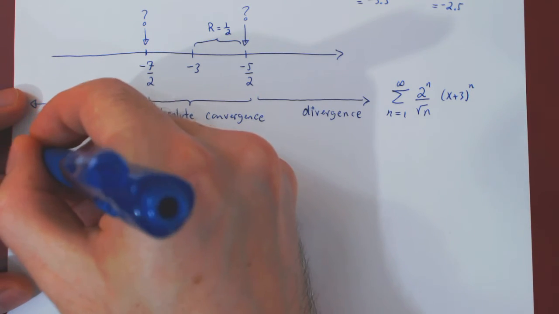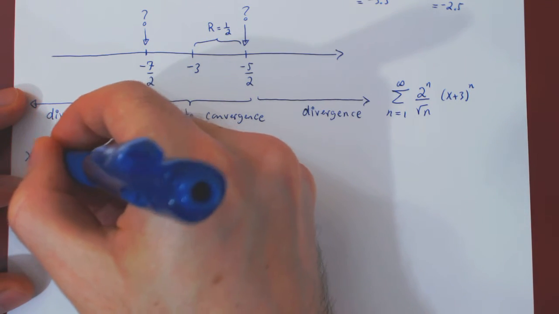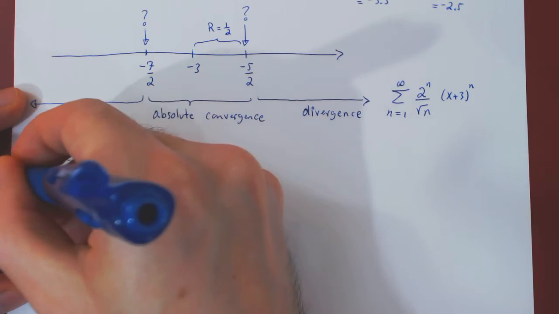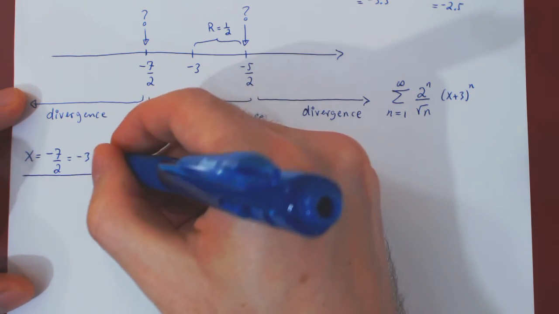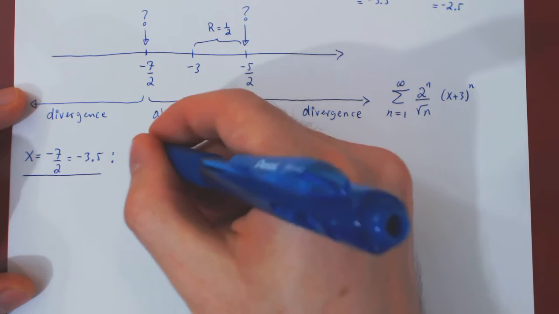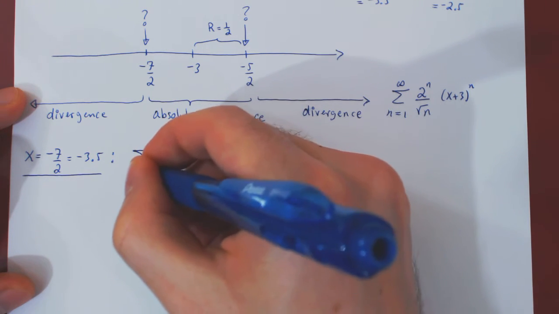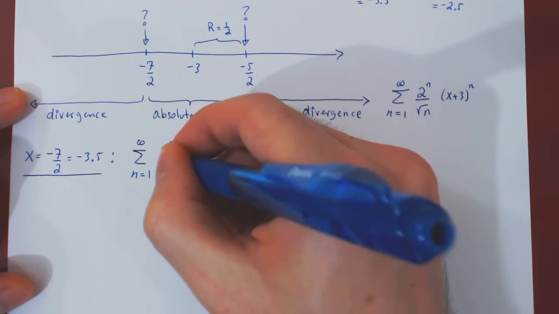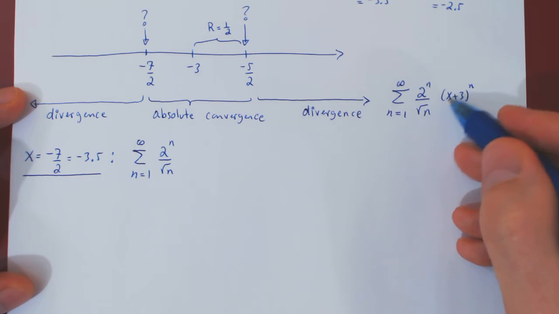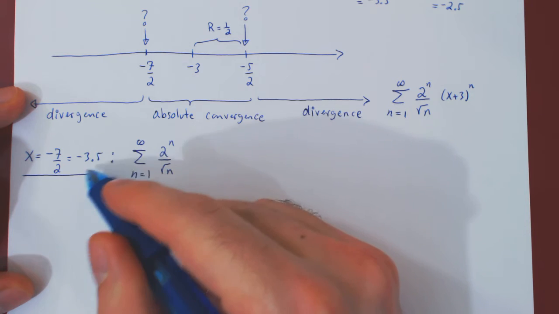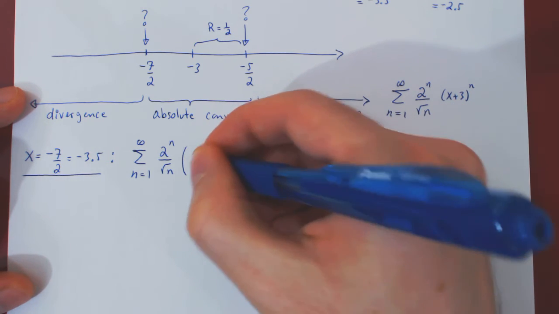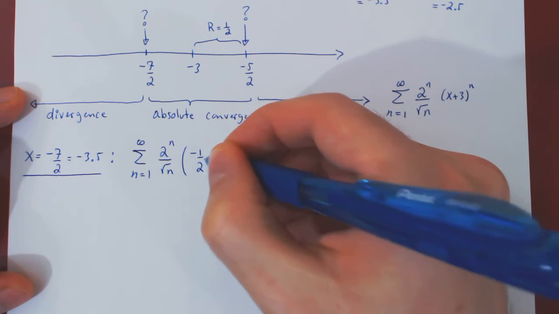So we just have to plug it in and see what kind of series we are dealing with. So let's look at the left-hand point first. It's negative 7 on 2, which we know is negative 3.5. So let's replace. The coefficients stay the same. And now we are replacing x by negative 3.5. Well, negative 3.5 plus 3 is negative 0.5, which I will write as, of course, negative 1/2.